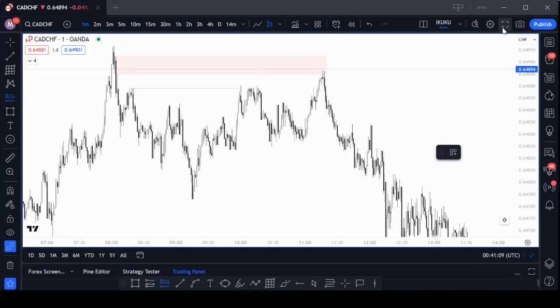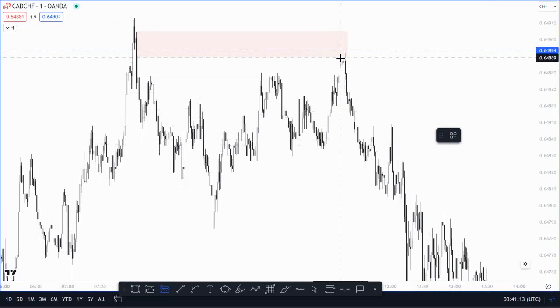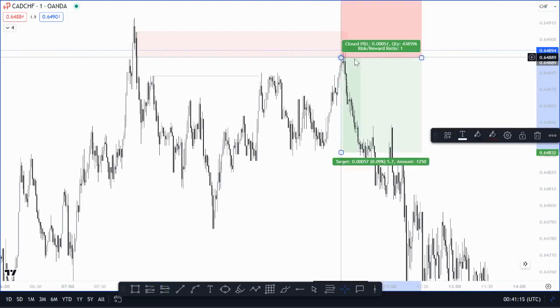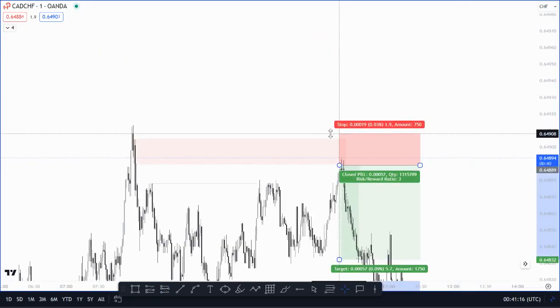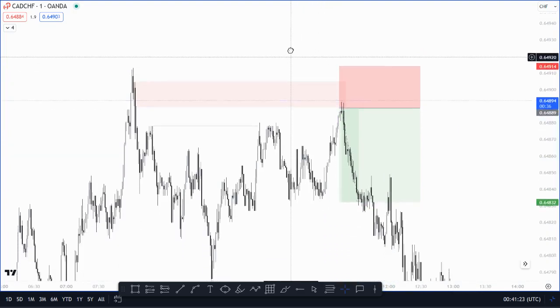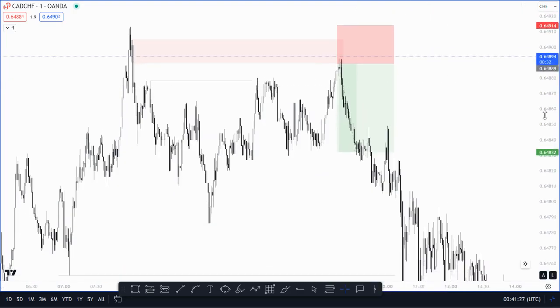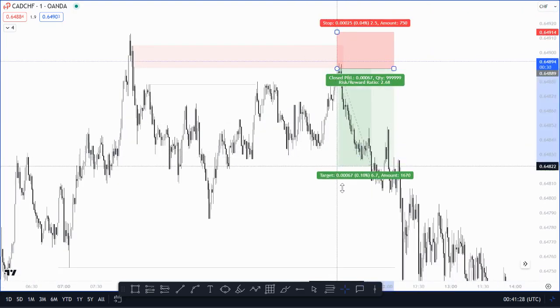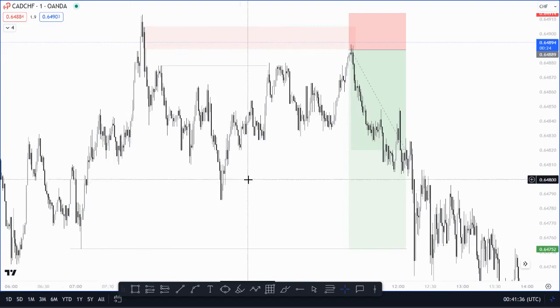Now you go to the place you want to take the trade, you set it on this entry, and your stop loss should just be above the POI, depending on where you want to take your stop loss. And your targets, you said you want to keep it consistent at making 5R on a trade, which is this low here.